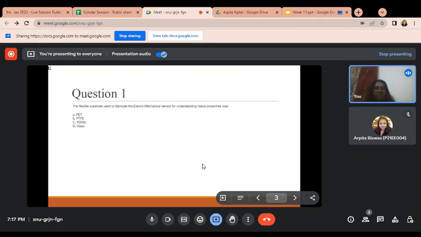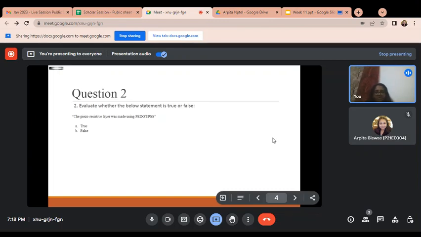Next we are moving towards question number 2. Evaluate whether the below statement is true or false. The statement is: the piezo-resistive layer was made using PEDOT:PSS. Is it right or is it false?